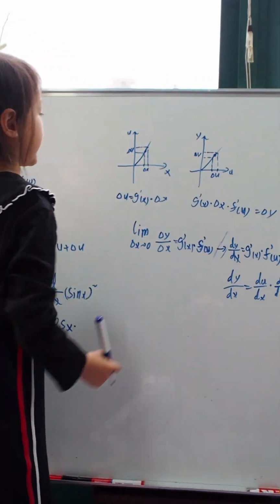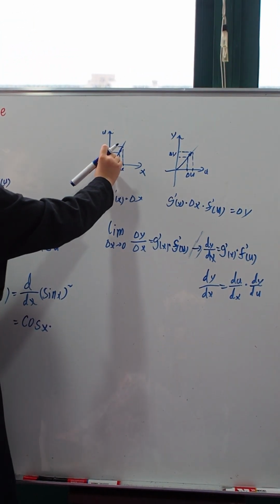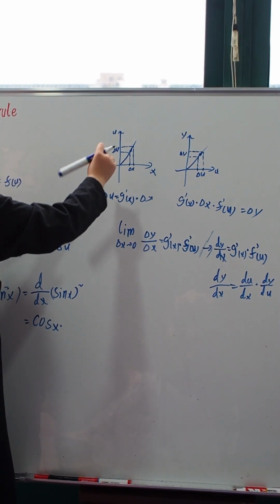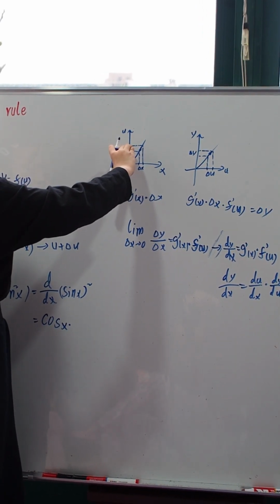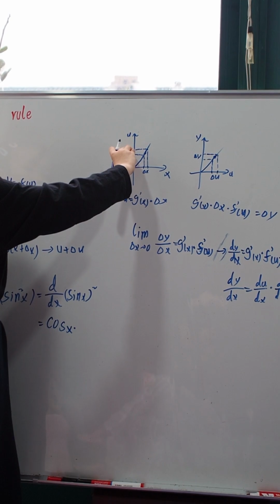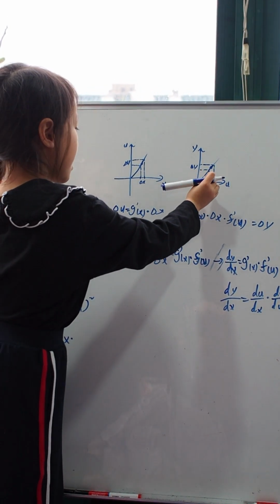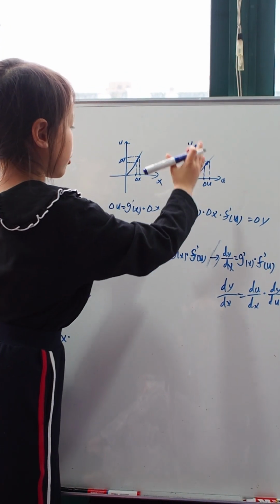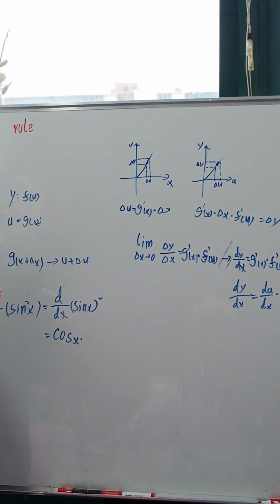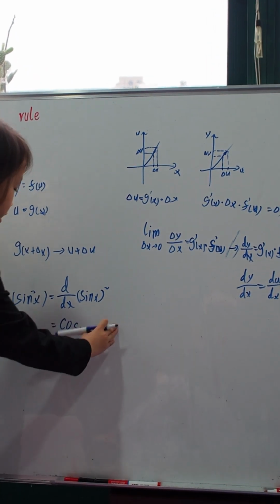The next slope: I plug the x value into this function to get a sine x value, then I plug the sine x value into the derivative of sine x squared.